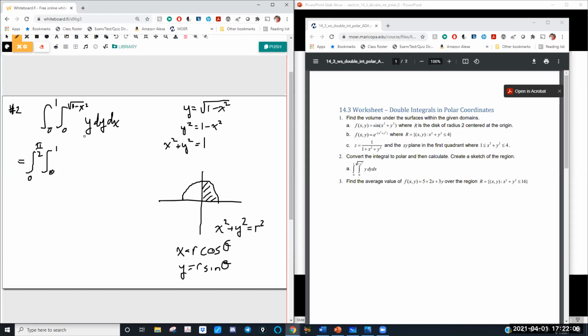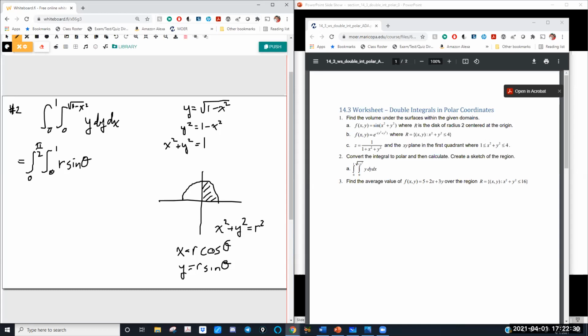Our particular function doesn't have an x squared plus y squared, so we're not worried about this one here. Like I said, I'm giving you guys number 1, and you can already see the x squared plus y squared. So I'm already kind of giving you a hint. You're going to be substituting in r squared for all of those. All right, so our y becomes r sine theta.